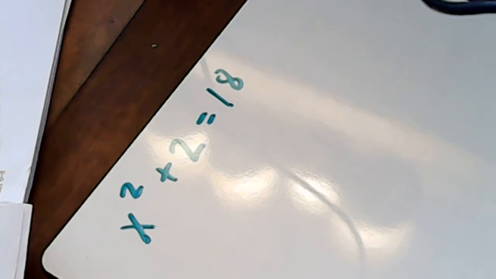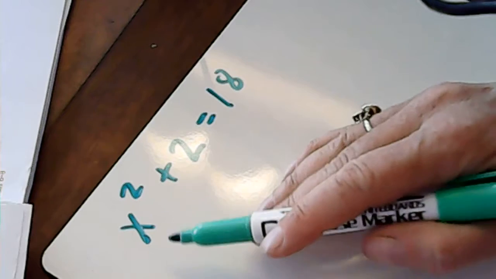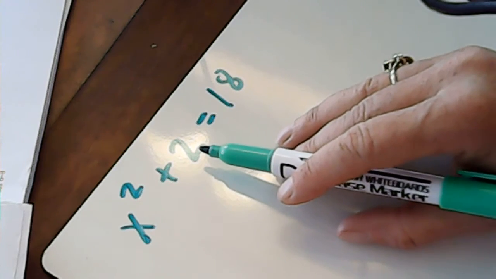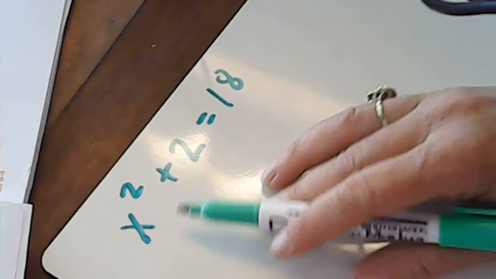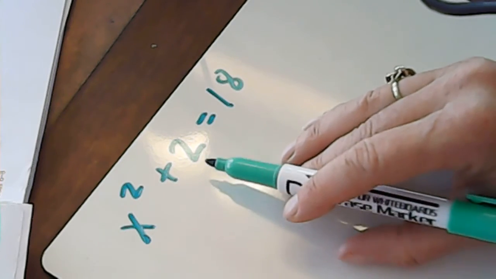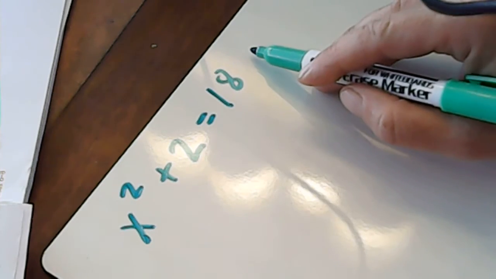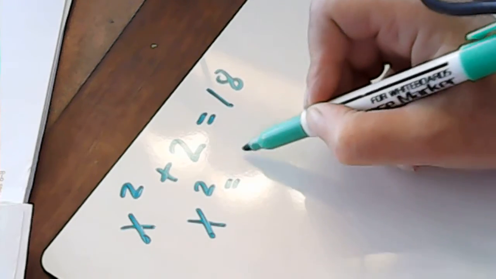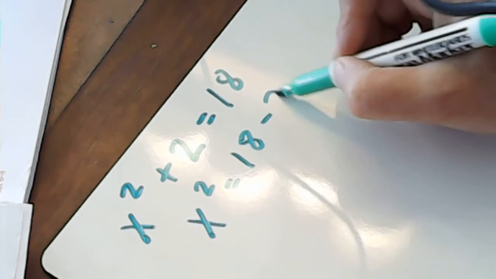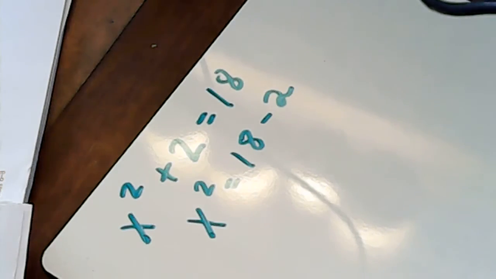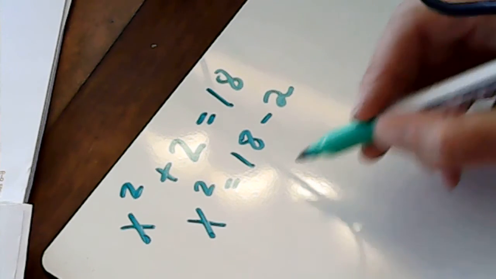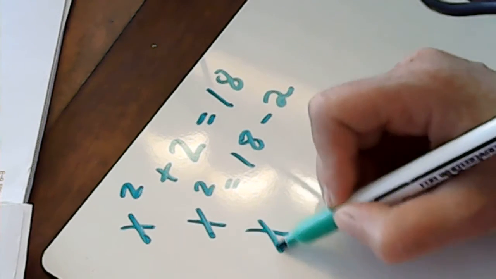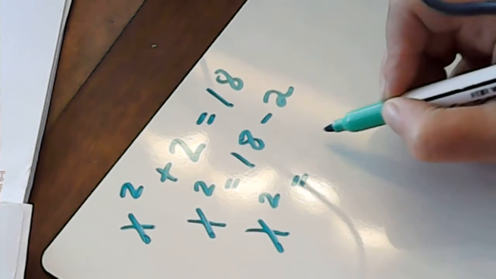The first thing I want to do is basic algebra and isolate the variable. My first step is to move this term over the bridge, so that I get x squared equals 18 minus 2. And then my answer becomes x squared equals 16.